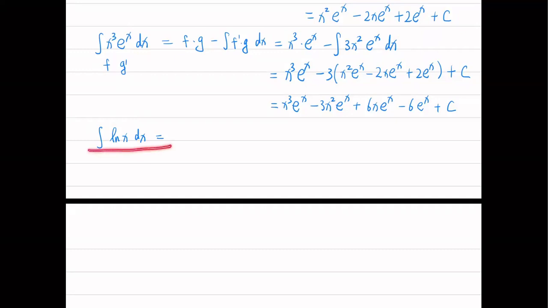You do ln x times 1. Okay, so here we supply the 1 over there. Let's make a different color. 1 dx. Okay, so now this will be our f, this will be the g derivative. F derivative is 1 over x.